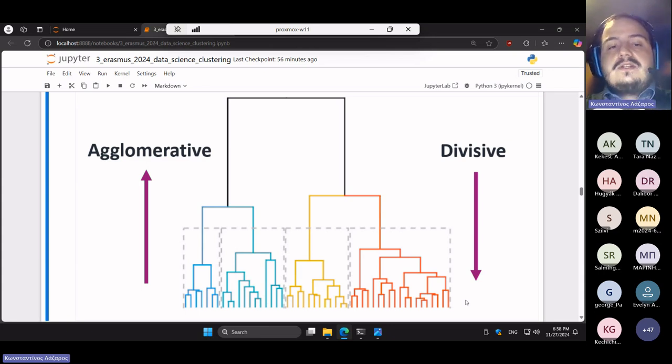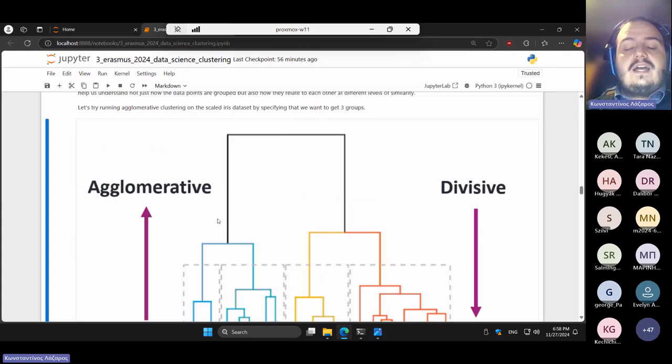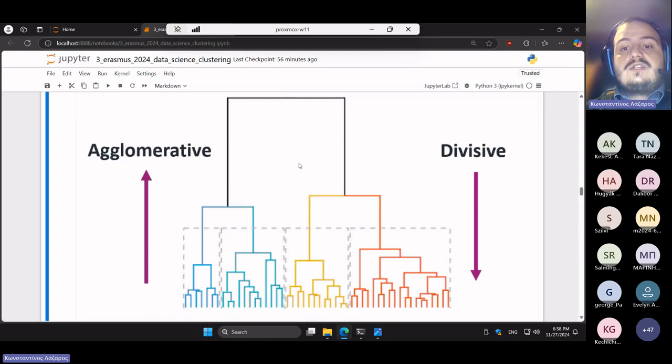Again, pretty much like in the case of k-means, the criterion that we use is a distance metric, something like Euclidean distance, cosine similarity, or something similar, right? So at the end of this procedure, what we get is larger and larger clusters of elements, and we end up with a supercluster that includes every other subcluster that has been created along the way. This is called agglomerative hierarchical clustering.